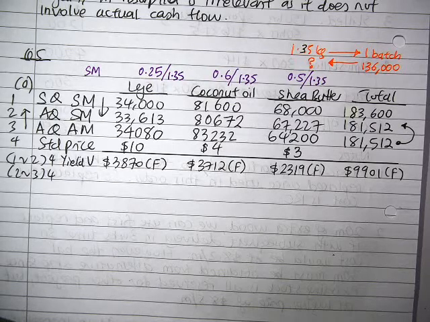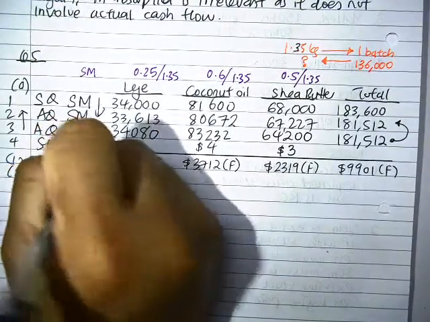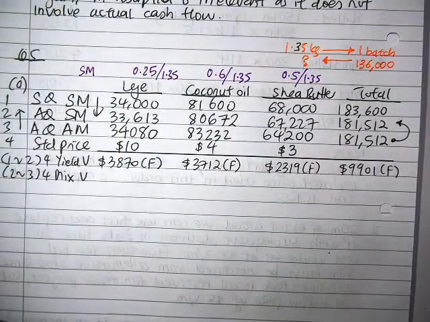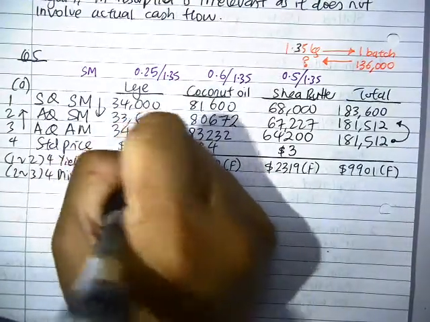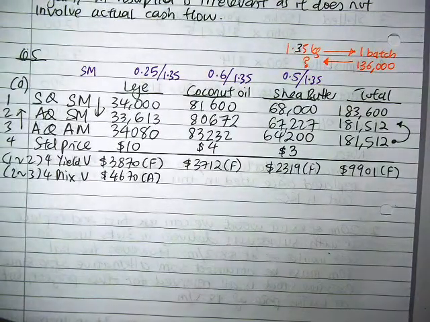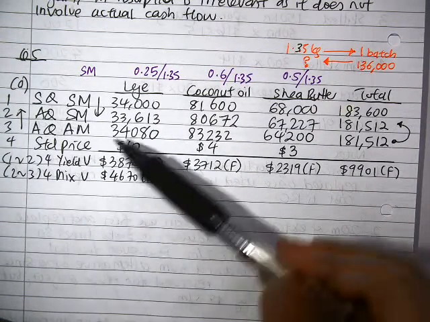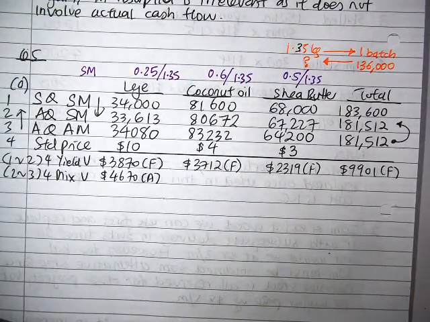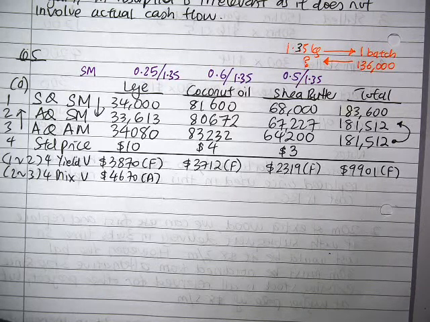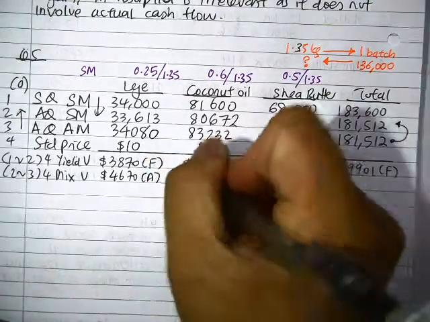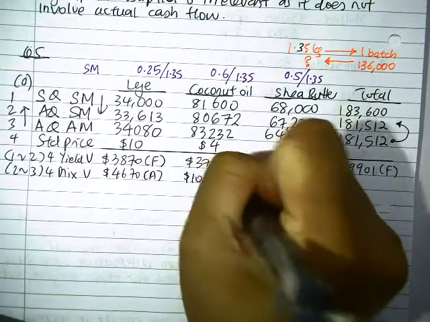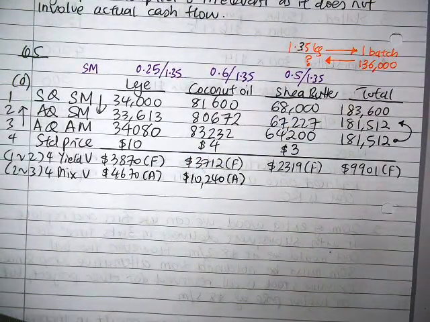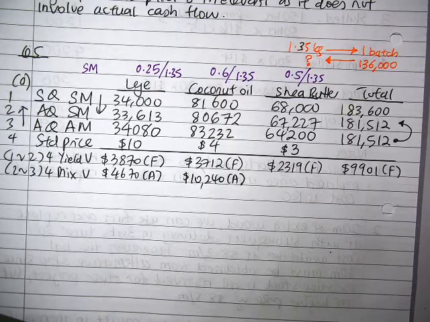Now your mix variance will be 33,613 times 10, so we have 4,670 negative, so it's adverse. You can see you use more lye than the standard, so the actual usage is more. That's why it's adverse. In terms of the coconut oil, again it is adverse as well. But in terms of the shea butter, it is favorable.